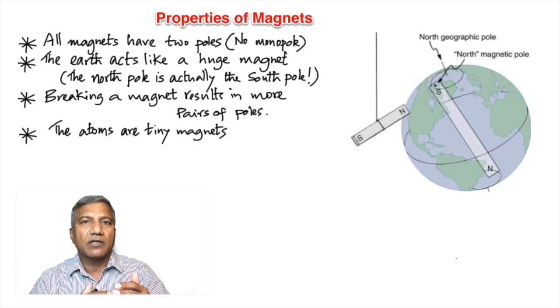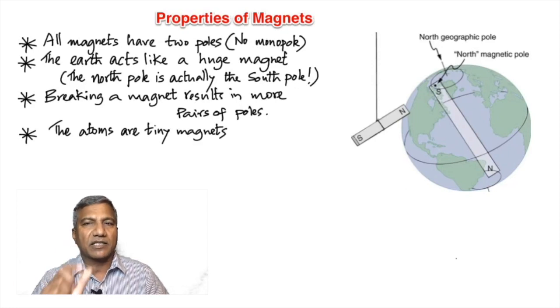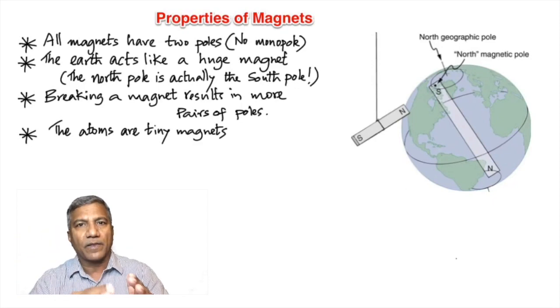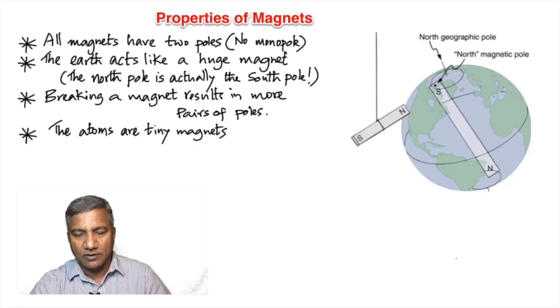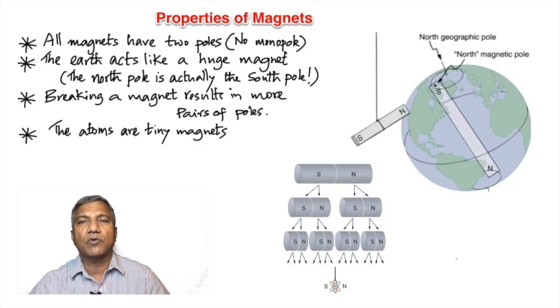That's why you can magnetize iron, but you can never magnetize wood, because all these tiny magnets cannot be made to line up in one direction. We'll get to that in one of the slides there.